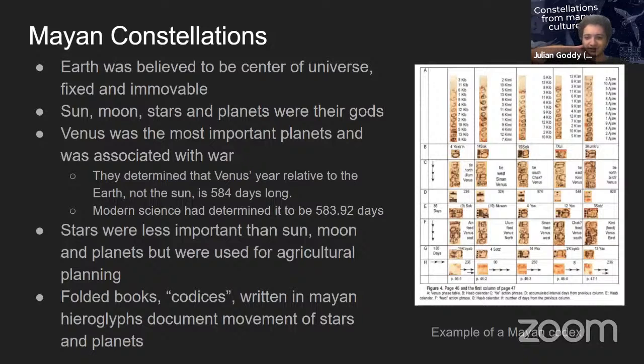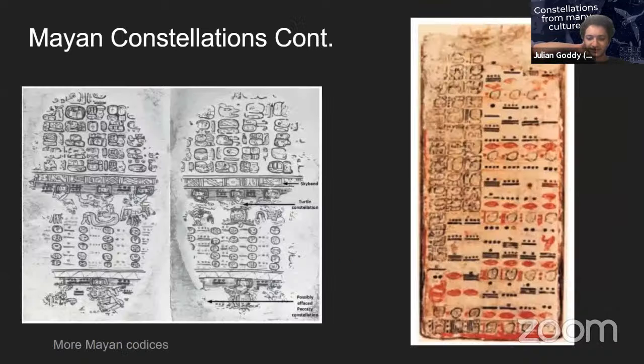And if you go to the next slide, there are two more examples of codices, and in the one black and white one, someone has annotated different significant constellations and other things in there.